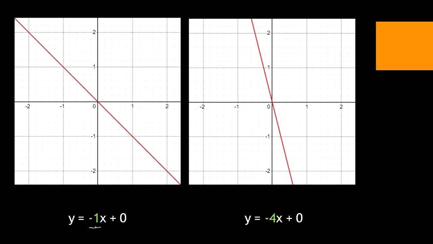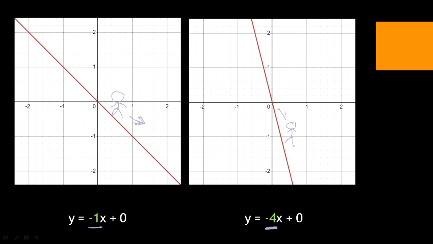Now when I have a negative value for my slope, -1 or -4, it simply means that now I have a downwards pointing slope. You can imagine yourself standing on this, and as you walk in this direction, it'll feel as if you're going downhill. Now the more negative this number becomes, like -4, the steeper the downward slope gets, right?